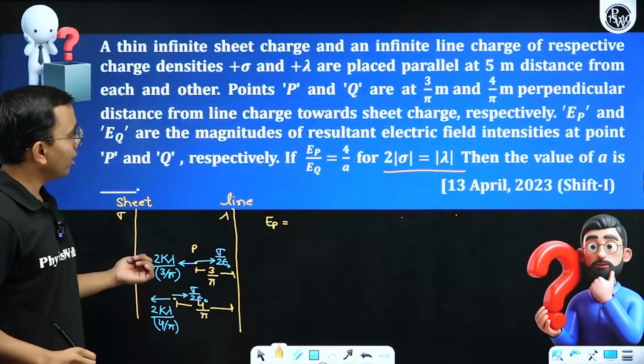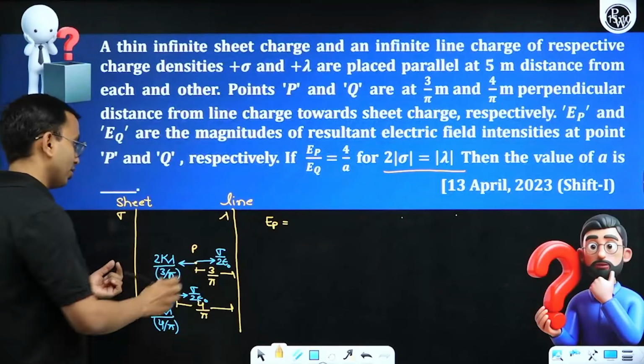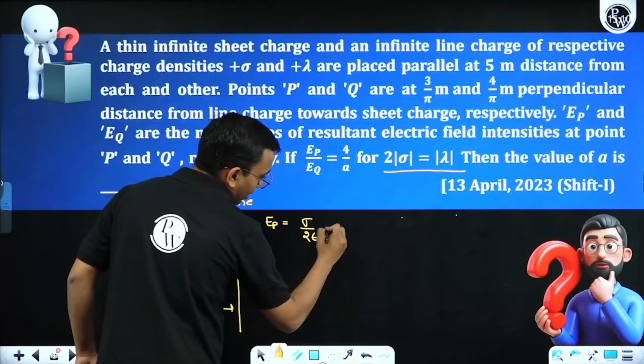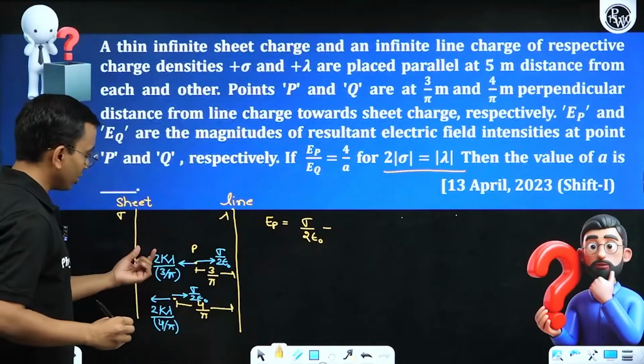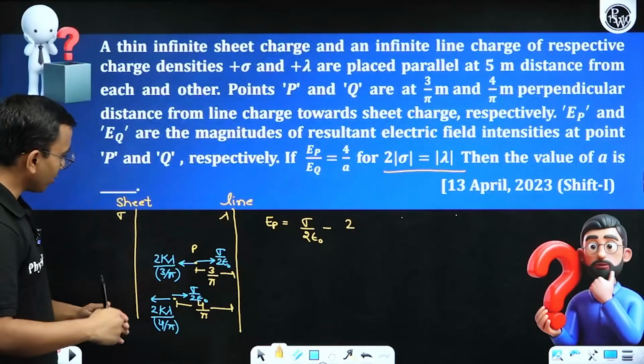So, lambda is 2 sigma, so I will put lambda as twice of sigma. So, sigma by 2 epsilon naught minus 2 into k, I will put as 1 by 4 pi epsilon naught.